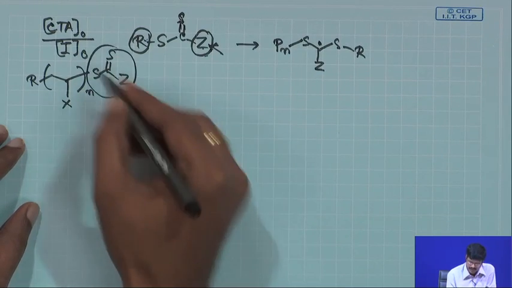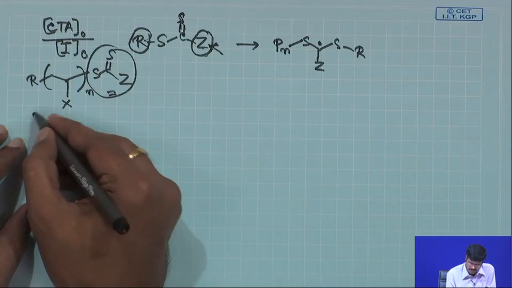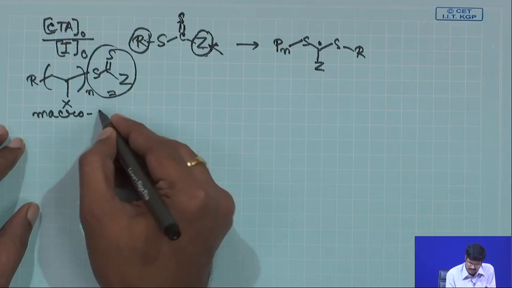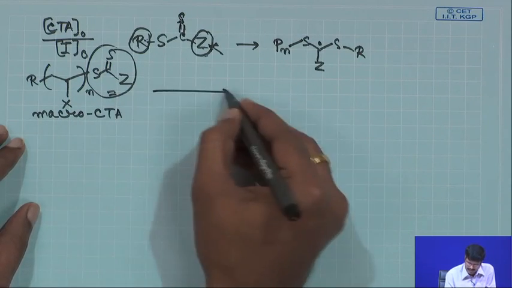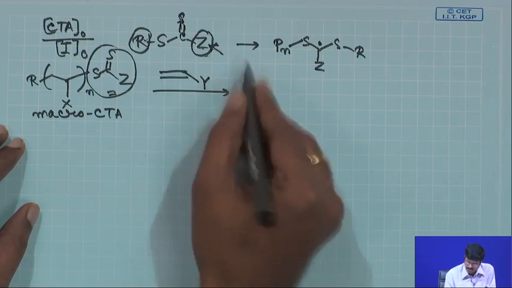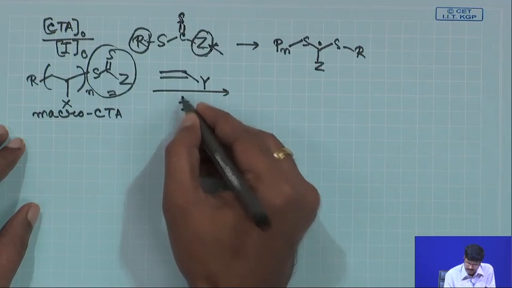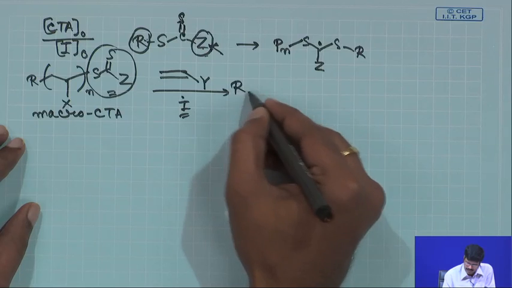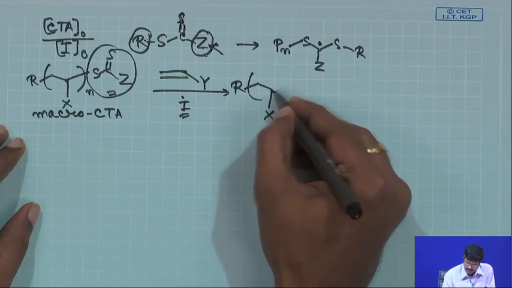At the end of it you have this moiety. So, this is your macro initiator, macro chain transfer agent, and this can now react with the second monomer of your choice with the appropriate initiator that you are taking, and it will create the polymer like this.